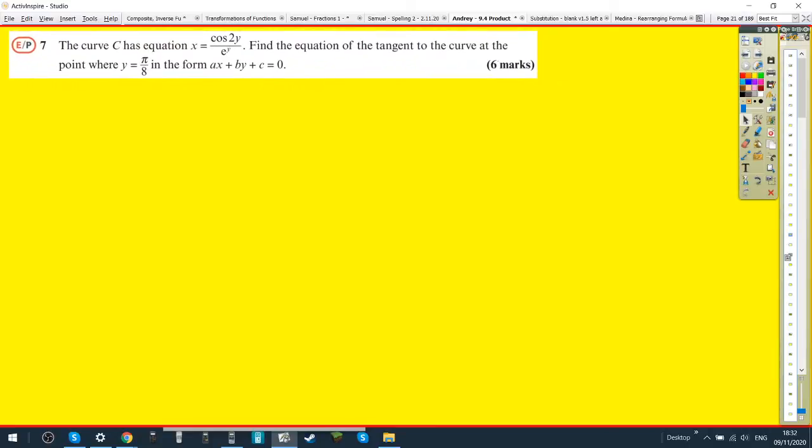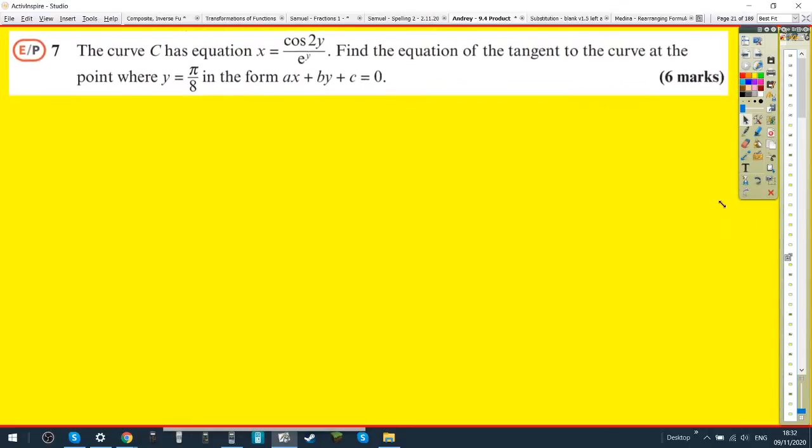How do you find dy dx for this one if it's x in terms of y? Do I just do dx over dy, and then do the same thing with v and u?